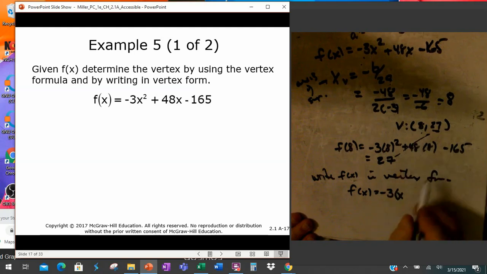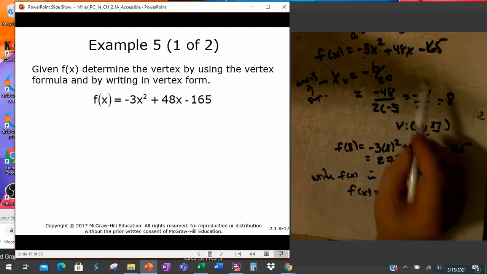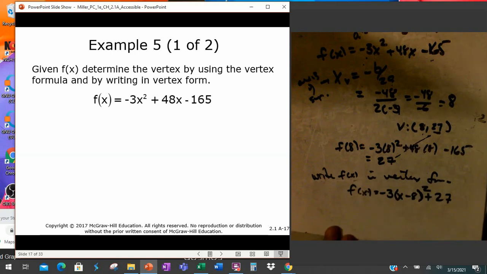X minus 8, that's where my vertex is, moved it to the right 8, and then plus 27. And then we can continue with the vertex. We can do the y-intercept, set x equal to 0, I would do it here to get the negative 165, set y equal to 0, and solve. This needs to be a square to get the x-intercepts.